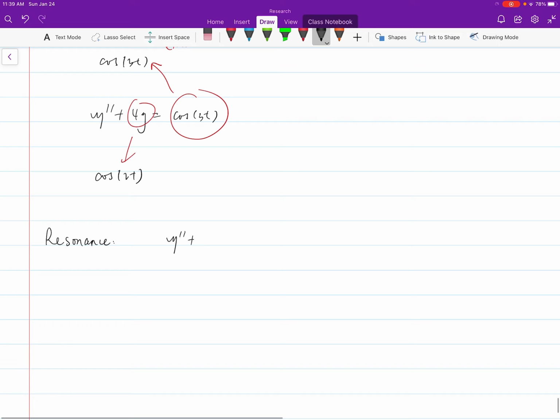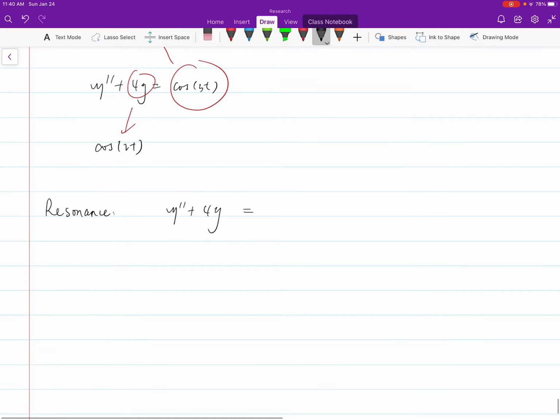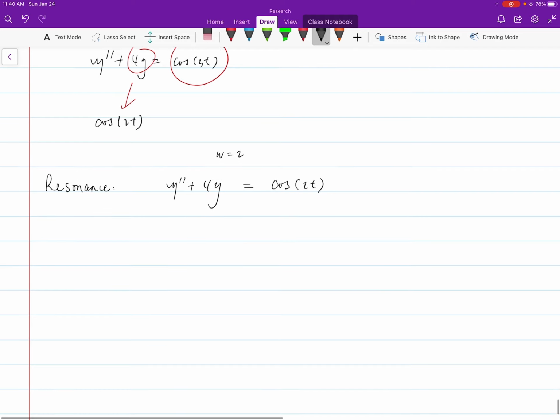That is, if I have y'' + 4y, which already has a natural frequency of 2, then I induce it with another, let's just do cosine, another wave, but this time with the same frequency.